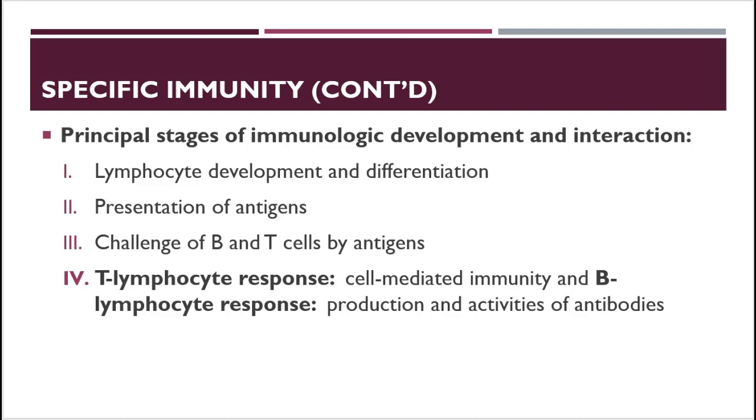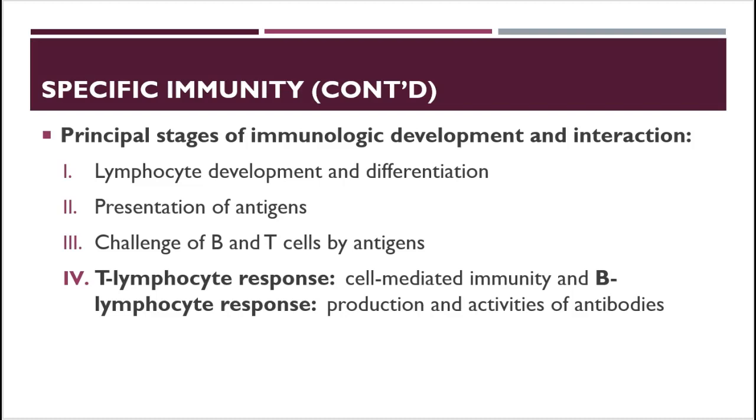There are 4 principal stages of the development of these immune cells and their interactions. And the first step in specific immunity is lymphocyte development and differentiation.